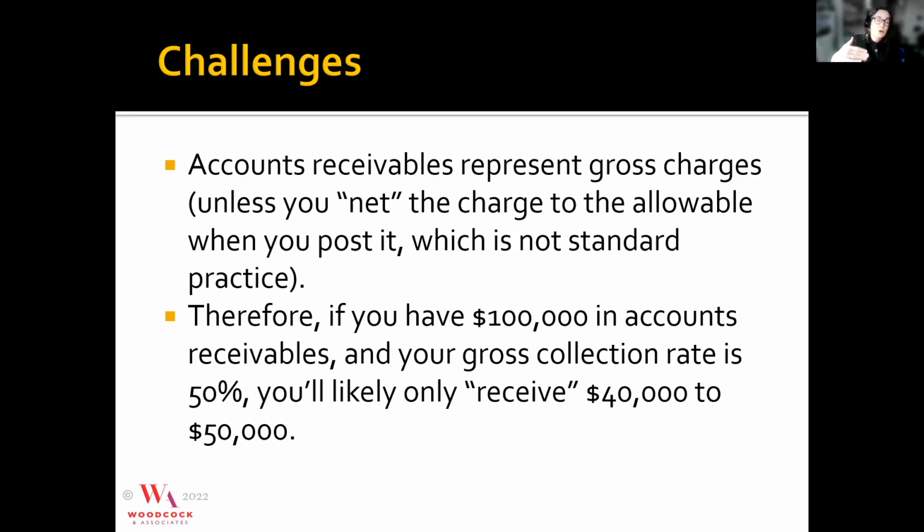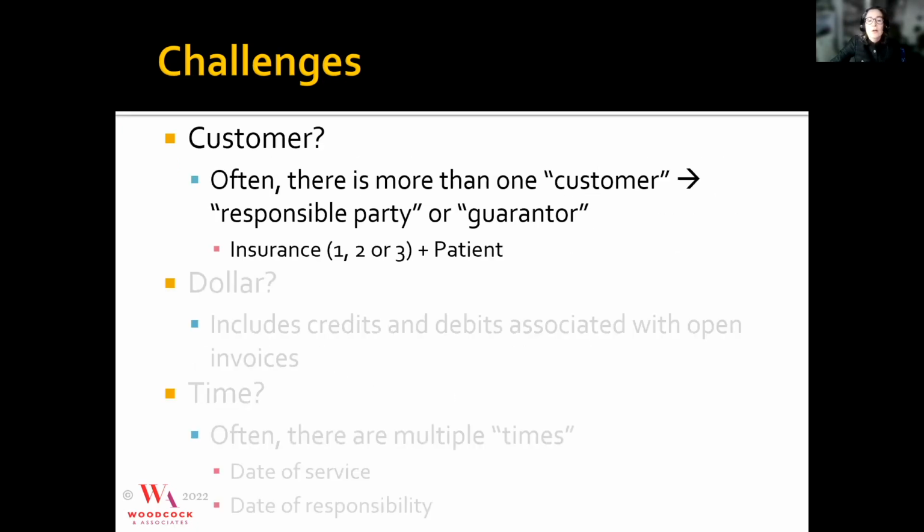So if you net the charge too far down, they will not pay you what is the expected allowable. But I digress. Indeed, what you need to know is your age trial balance doesn't actually represent what we're expected to receive. It represents gross charges.